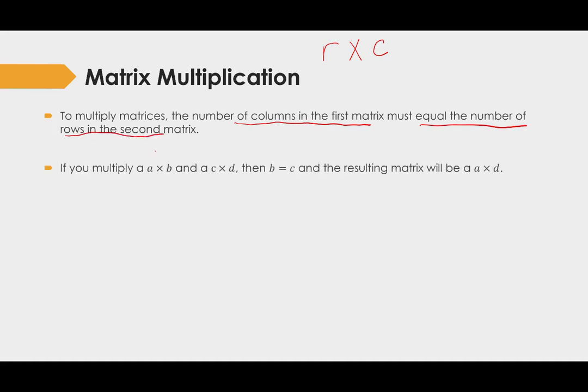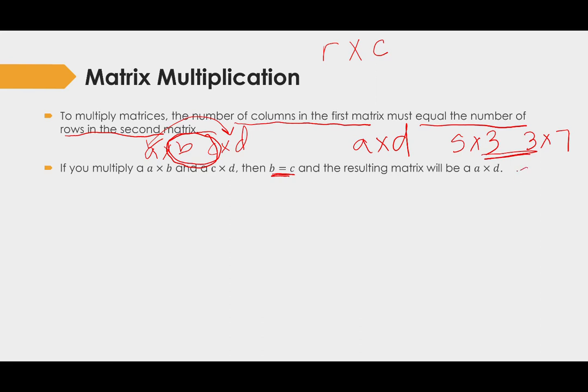If I have an A by B matrix, whatever those numbers are, and a C by D matrix, then these two numbers have to be the same, B equals C. And the resulting matrix is going to be A by D. So, for example, going back to our 5 by 3, if we multiply that by a 3 by 7 matrix, then our 3's match, that's good, and our resulting matrix would be a 5 by 7.